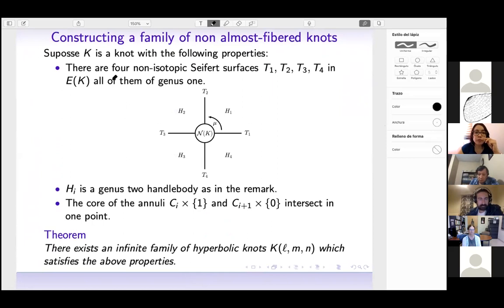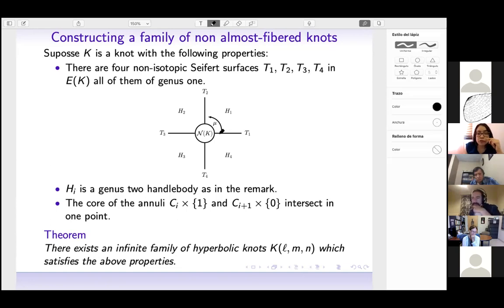Now suppose K is a knot with the following properties. There are 4 Seifert surfaces for this knot, and all of them have genus 1.